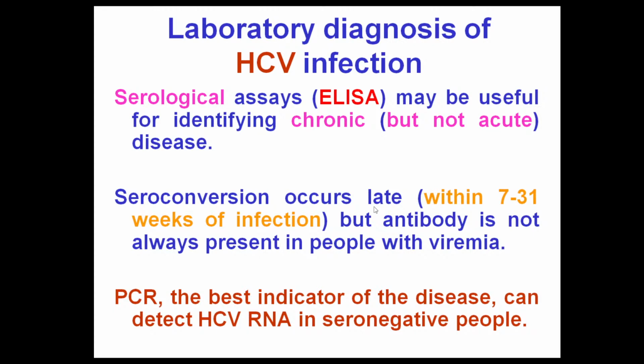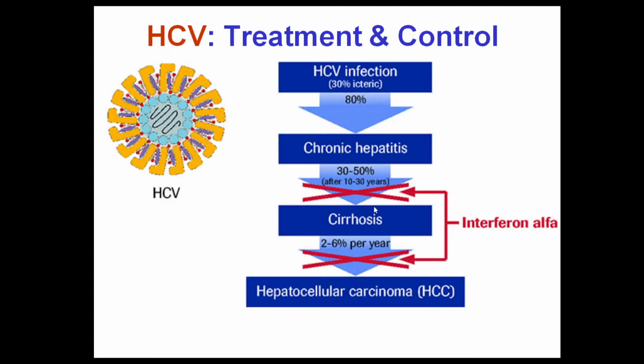That is the best indicator of the disease, with which the RNA of the virus can be detected in those people who won't develop an immune response against hepatitis C virus. That is the general idea of the disease.